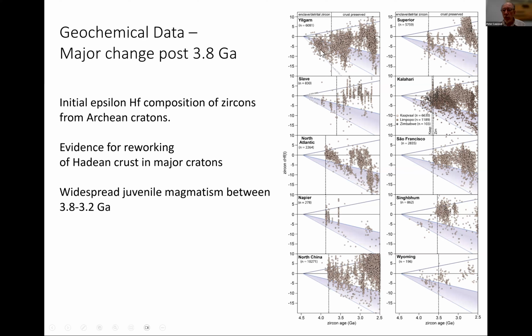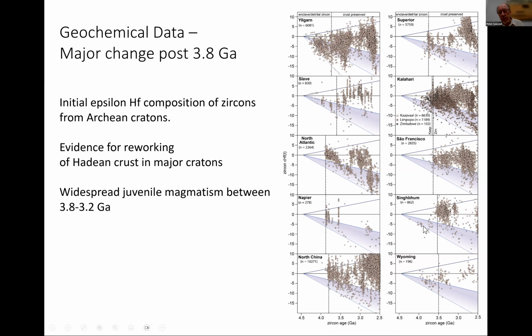Now, all the cratons seem to show a similar pattern. The early data isn't always as good, but they all show it at various times. And again, there's not a one-time-fits-all. Sometime after 3.8, the Yilgarn's about 3.8. The Slave is more around 3.6. We see a change. In the North Atlantic, we don't have anything really older than about 3.8, but we see this influx of juvenile material.